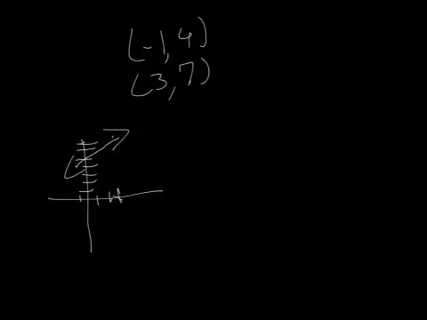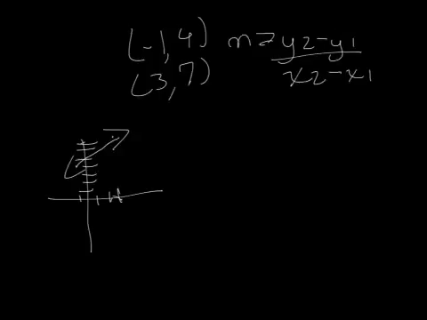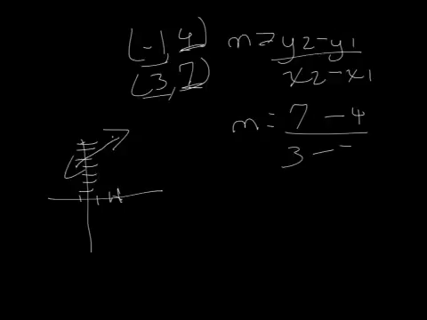Alright, so the slope of this line is going to be found using the same formula, m equals y2 minus y1 over x2 minus x1. And we're going to start using our y2, which is this point, 7, minus our y1, 4, over x2 is 3, minus our x1 is -1.